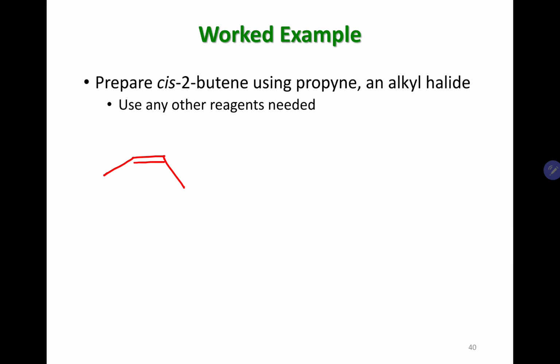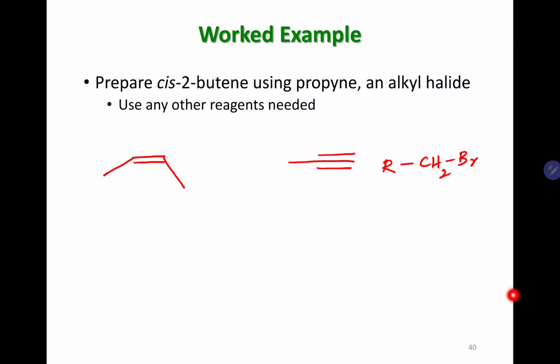So you want to prepare cis-2-butene using propyne. Propyne is a 3 carbon alkyne, which is this one. And also you can use an alkyl halide. Preferably you need a primary alkyl halide, so you need something like this.